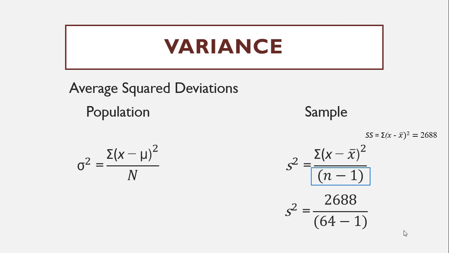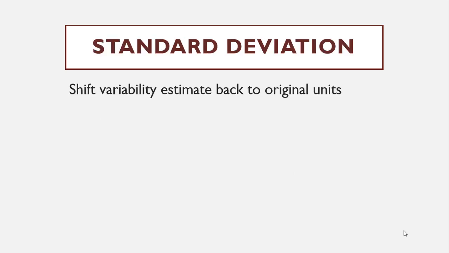Now, the last step. This is going to give us the average squared deviation. But if we want to know about the average deviation in our sample or in the population, we need to shift it back to our original units. The nice thing is this is relatively easy. If I have squared deviations and I want to shift back to the original units, all I have to do is take the square root.